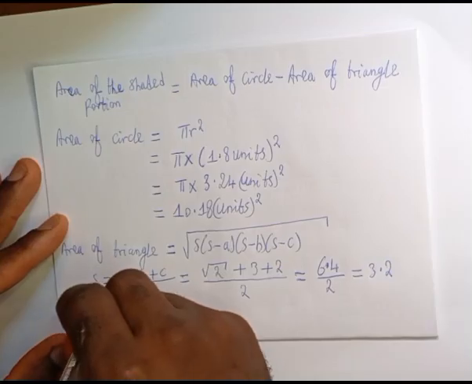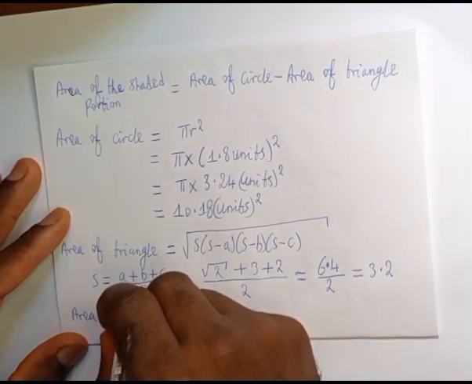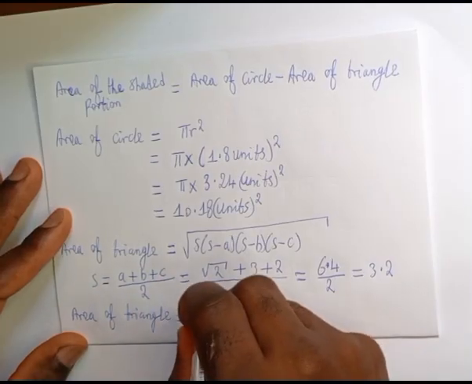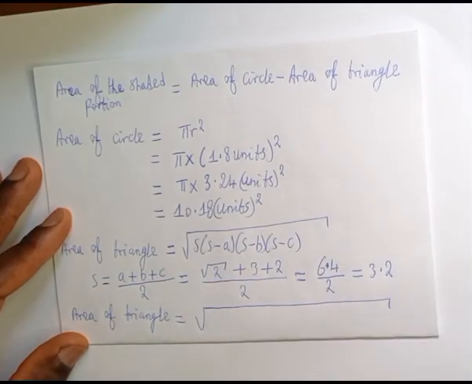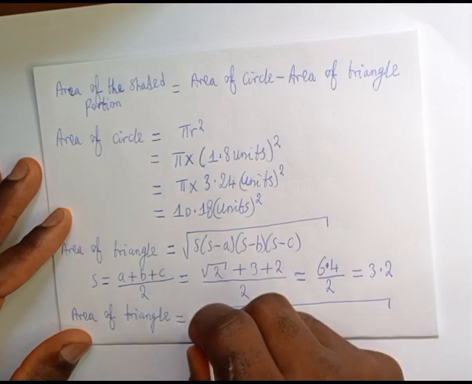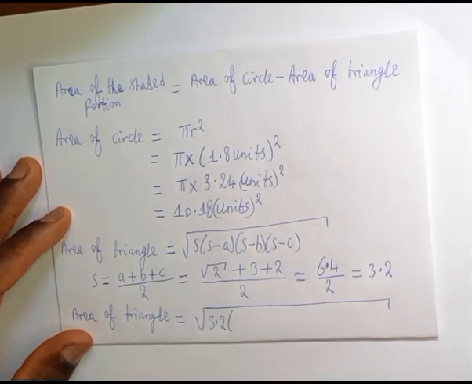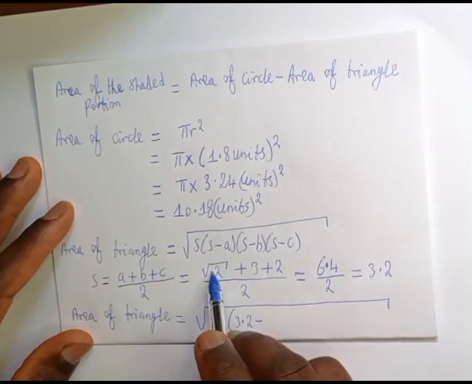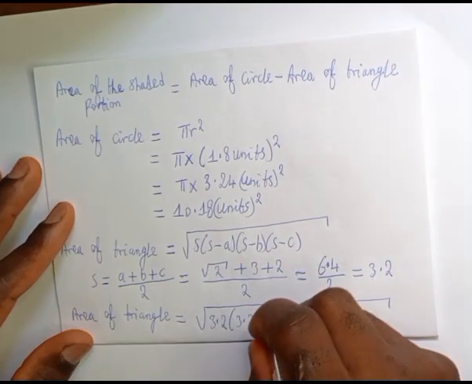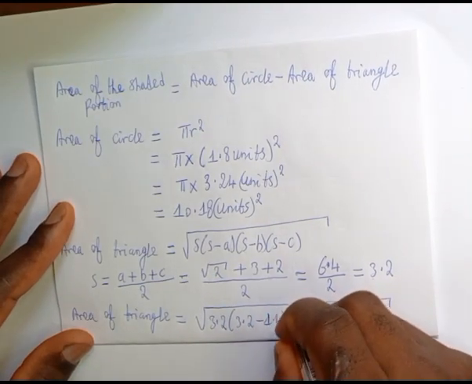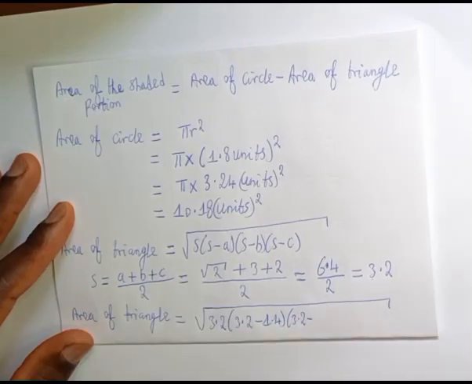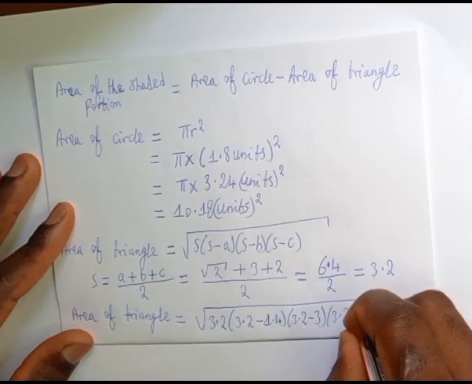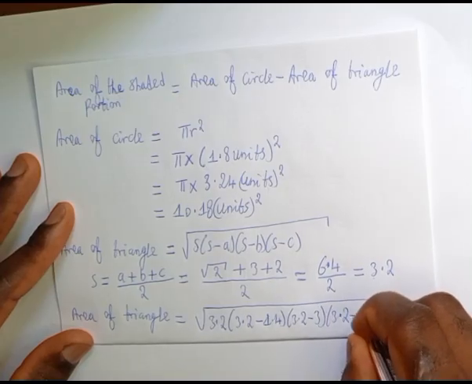The area of the triangle will simply be equal to the square root of s, we take 3.2 times 3.2 minus a, a is root 2, which is 1.4, times 3.2 minus b, which is 3, times 3.2 minus c, which is 2.